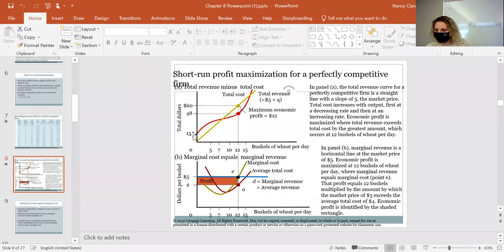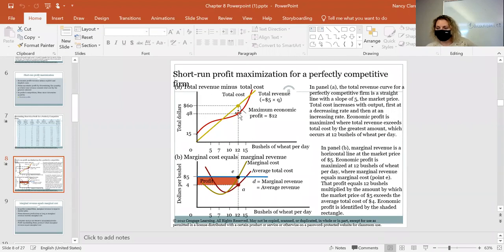But we find our profit maximizing level of production when we find the greatest vertical distance between total cost and total revenue, where total cost dips below total revenue. This is the portion of the graph with the quantities in which we see profit, from here until here, where it turns back to negative again.